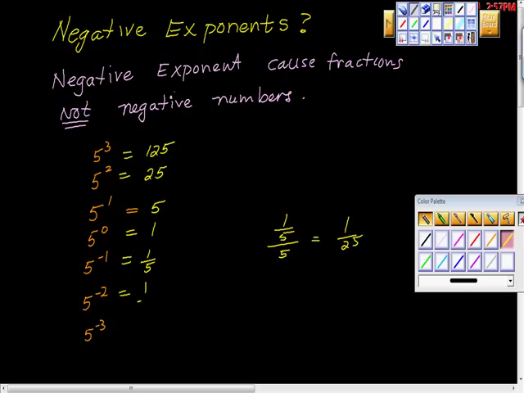So 1/25, right? 1 over 25 divided by 5 is 1/125. Interesting, right? So maybe you're like, well, that's kind of weird.